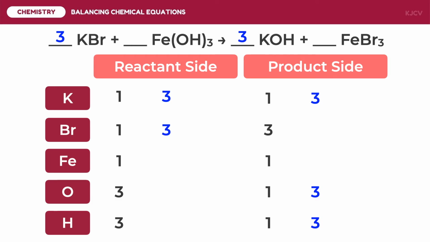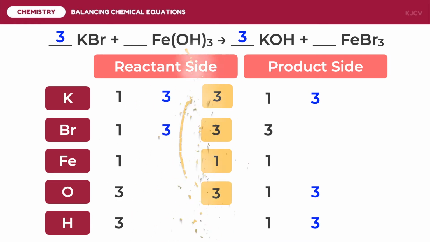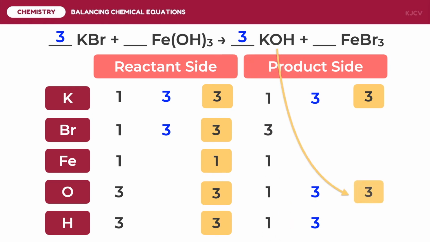3 moles of potassium bromide gives us 3 potassium atoms and 3 bromine atoms. 1 mole of iron 3 hydroxide gives us 1 iron atom, 3 oxygen atoms, and 3 hydrogen atoms. 3 moles of potassium hydroxide in the product side gives us 3 potassium atoms, 3 oxygen atoms, and 3 hydrogen atoms.